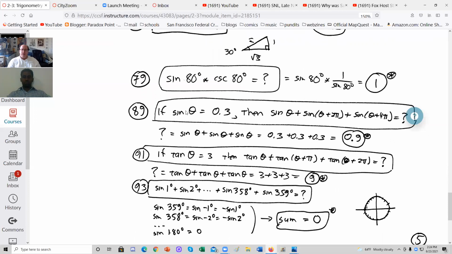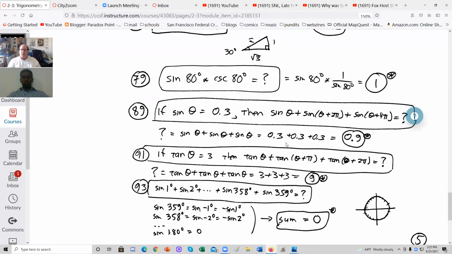Here we have sine theta is 0.3. Then they ask for what's sine of theta plus 2 pi plus sine of theta plus 4 pi. Sine, like cosine, secant and cosecant, has period 2 pi. So this will be the same as sine theta, and this also will be the same as sine theta. See, sine theta plus sine theta plus sine theta.